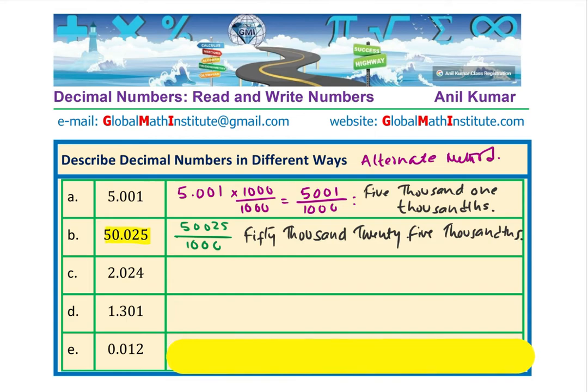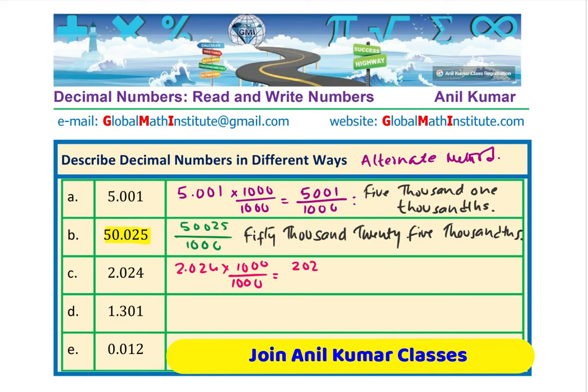Do you see that? So this number will be what? This number is 2 and 24 thousandths, correct? But you could also write this as 2.024 times 1000 divided by 1000 equal to 2024 over 1000.